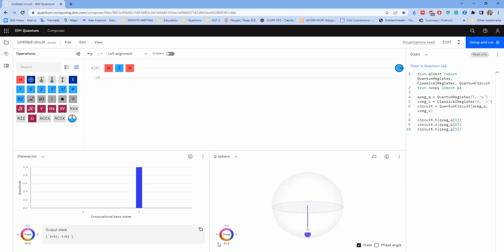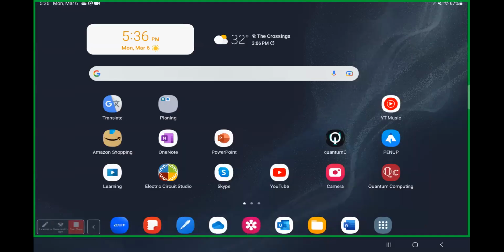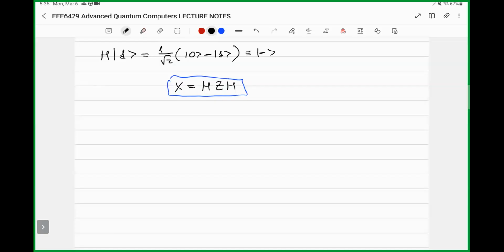Okay, let's go next. And why is it so important, by the way? It's important because sometimes we do the calculations in one basis, for example basis X, but we can measure the qubit state only in the Z basis.